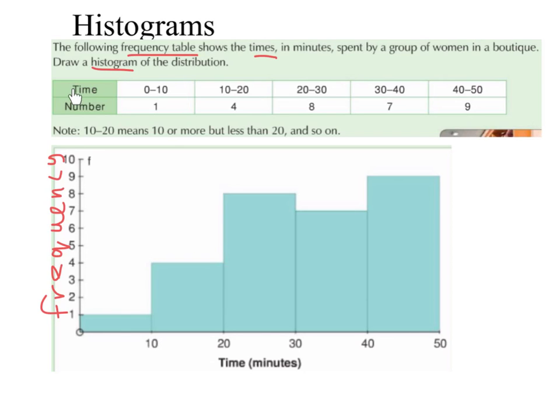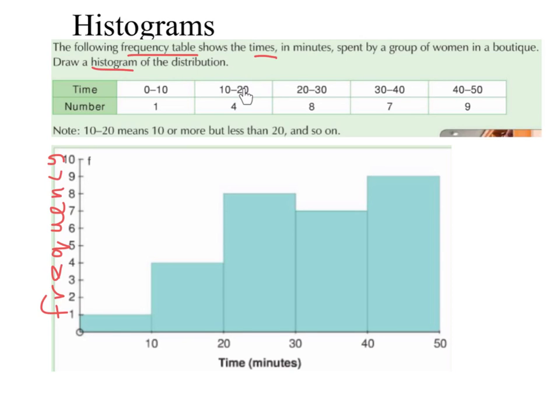So the time row of our frequency table goes from 0 to 10, 10 to 20, 20 to 30, 30 to 40, and 40 to 50. Notice that the second number in our first column is 10, and that happens to be the first number in our second column.